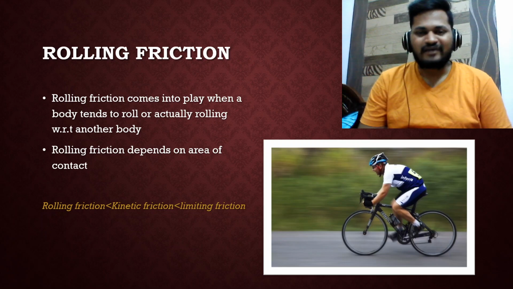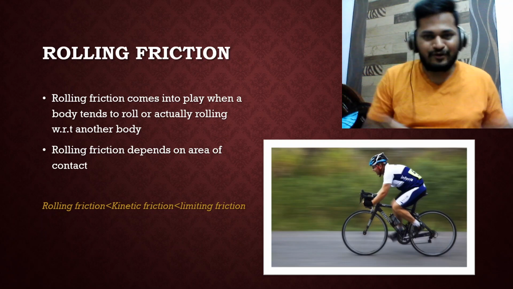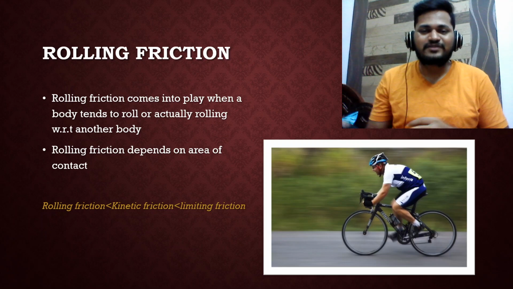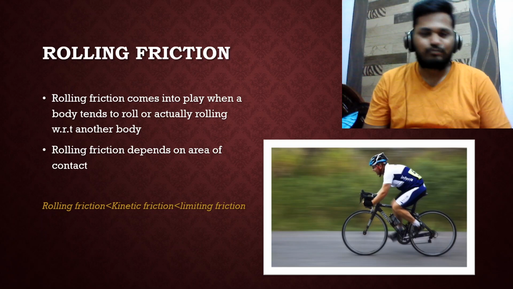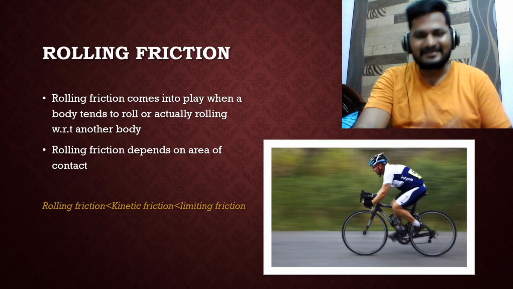That's why with luggage bags, you don't drag them on the surface, you fix wheels to them. Instead of sliding friction, you converted it into rolling friction, which is a lesser value, so it is easy for you to pull.